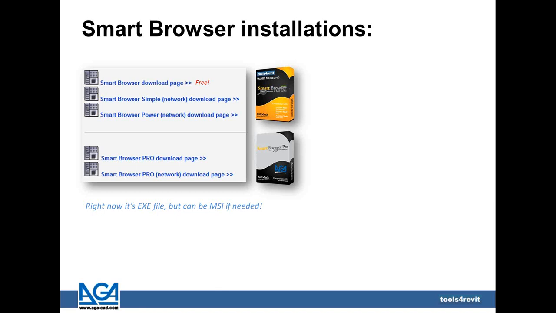For companies, we suggest using simple or power installations, and those are network installations. The Pro installation could be standalone or network. At the moment, all those installations are just Excel files, but if needed, we can make an MSI for you or for your company.